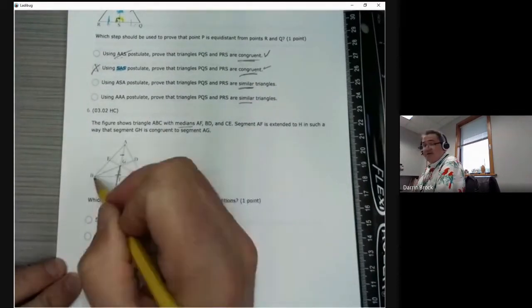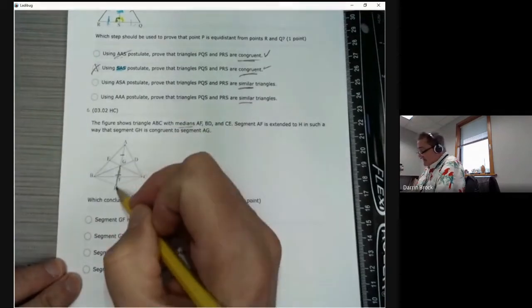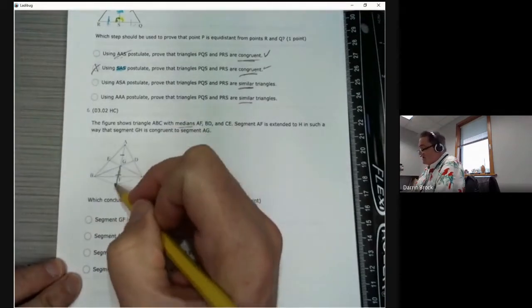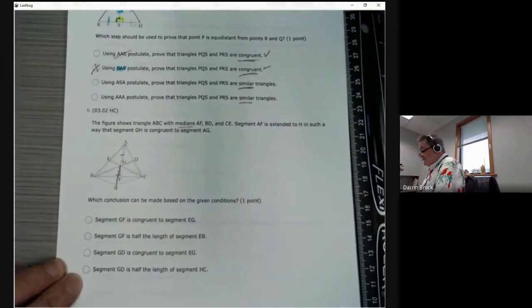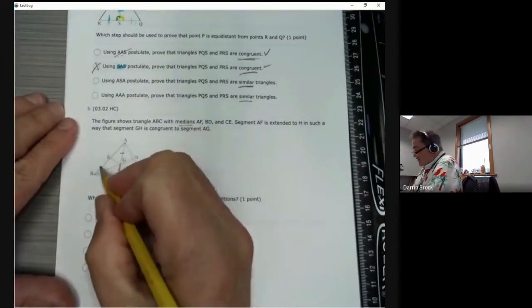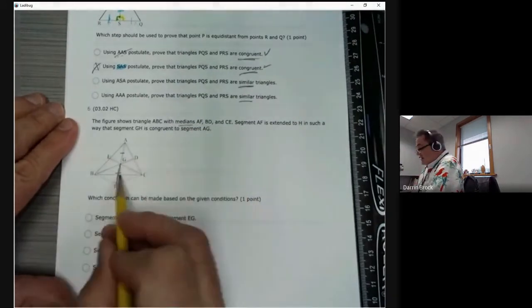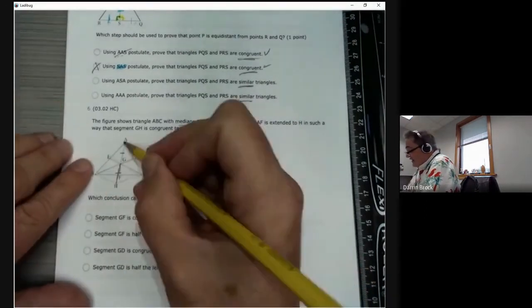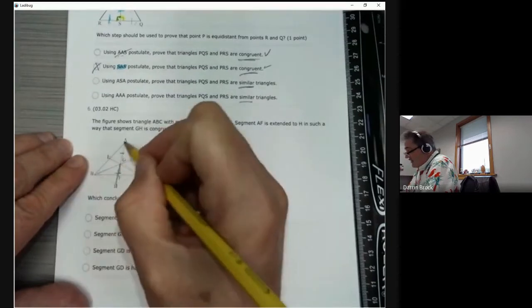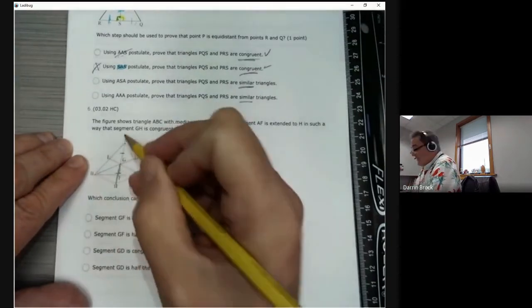It's not a midpoint of these other medians, but since they extended that to H, from G to H, that's a midpoint. Now, note this is not a triangle. It's a quadrilateral when we go all the way down to H. It's only a triangle if we cut across, but it now makes two triangles. We have this triangle over here, and we have this larger triangle over here.